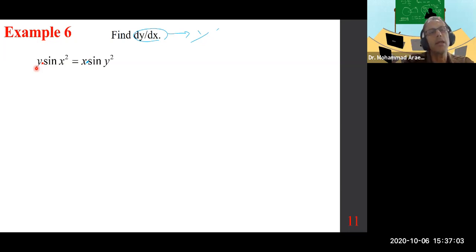On the right side, x gives me 1 times sine y squared. And sine, again, gives me cosine y squared. Now times the derivative of y squared. The derivative of y squared is what? 2y y prime times x by the product.